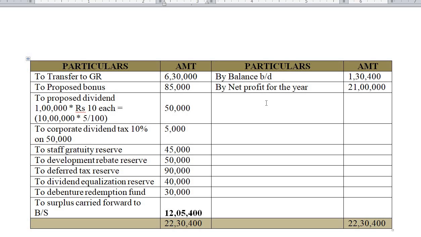Just remember, whenever there are provisions for taxation or something like that, you will have to do it. For example, in the previous sum you saw an item of interim dividend. For that kind of thing, after finding your profit and loss in the statement of profit and loss account, you can take it towards the profit and loss appropriation account.